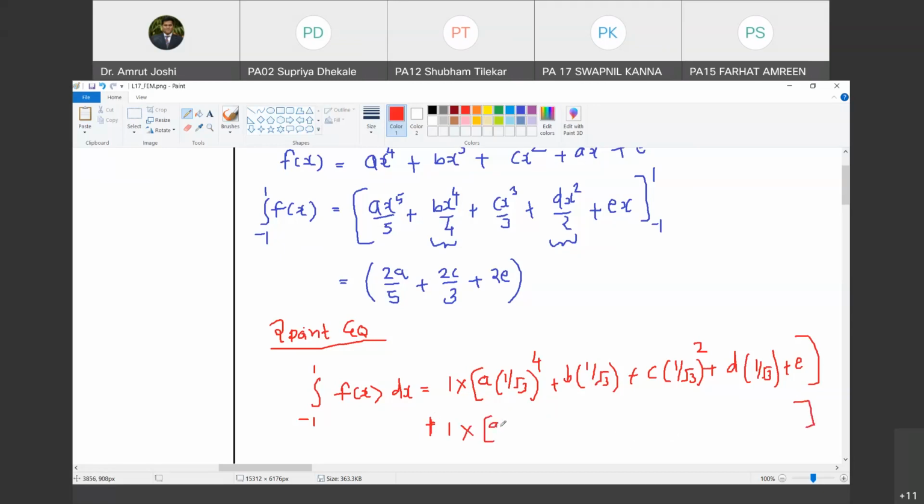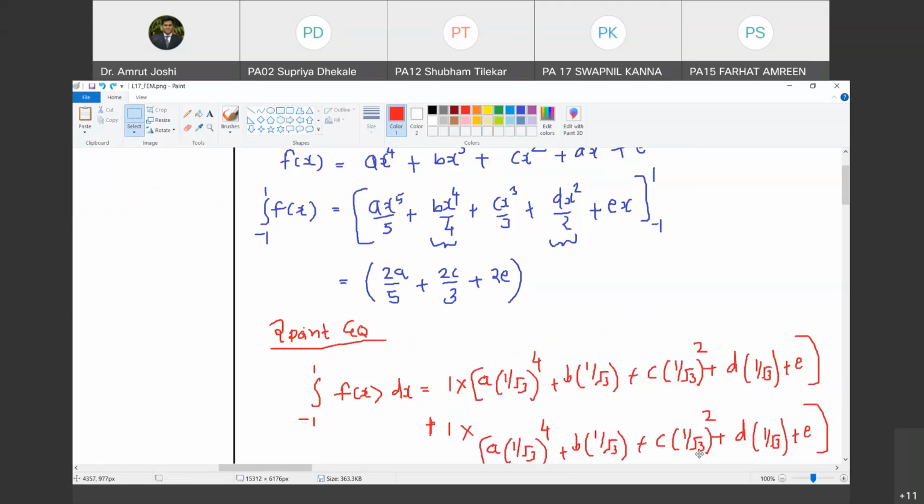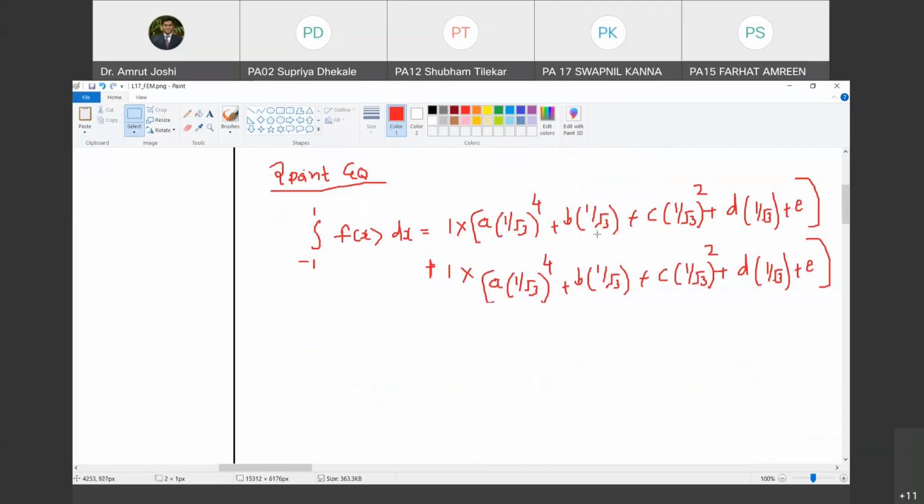So a into minus 1 by root 3, हाँ सारी चीजें माइनस आने वाली. So what I will do is copy this and I will just add a negative sign here.